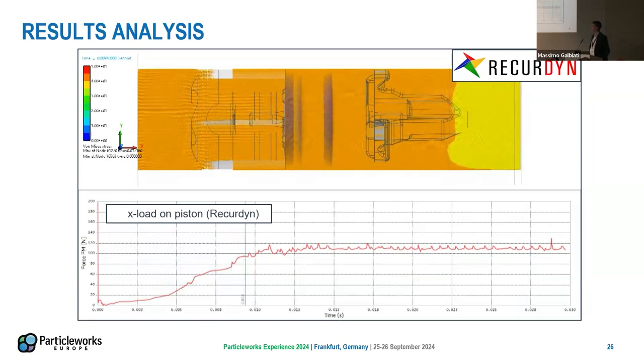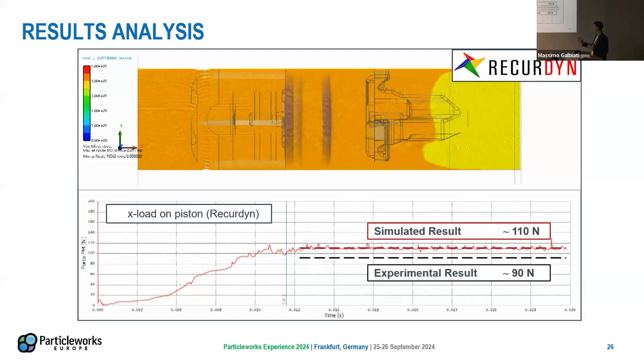So the forces rise, and at a certain point they stabilize in a very small interval of time, 0.015 seconds. If we compare these results, the simulation result of around 110 Newton, with the experimental results, 90 Newton, it's not perfect, but we are in a good range, and especially for this kind of application, which is again very complicated, I would say it's a small win for us.